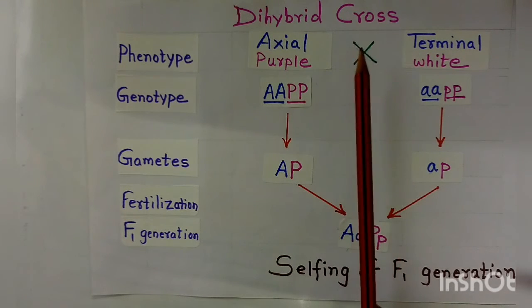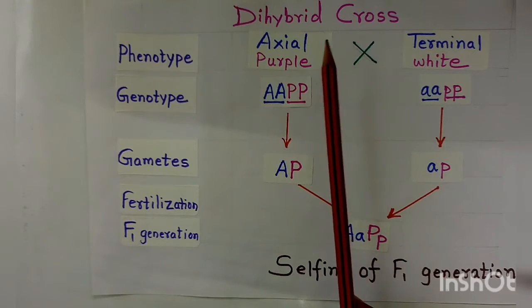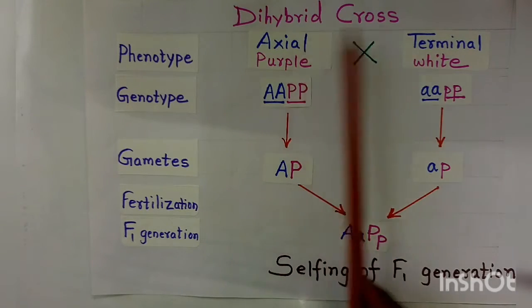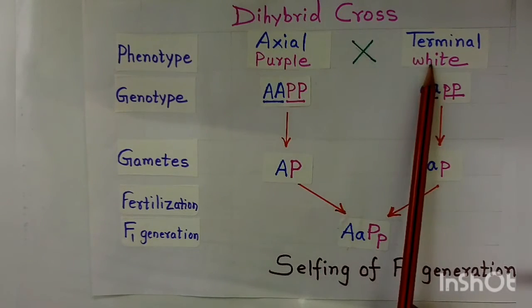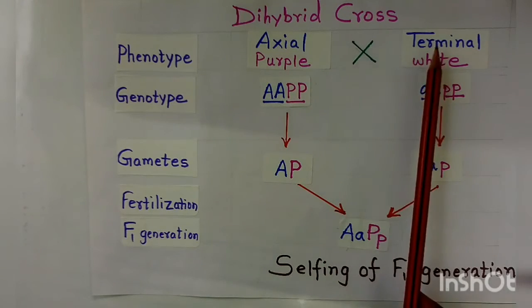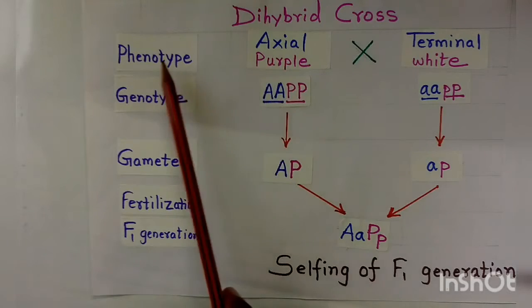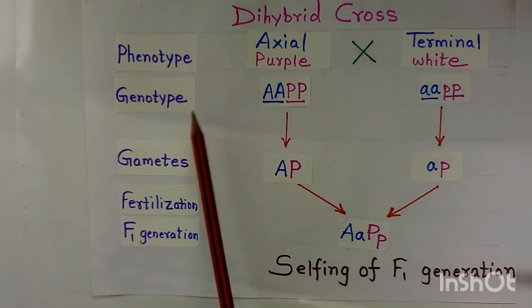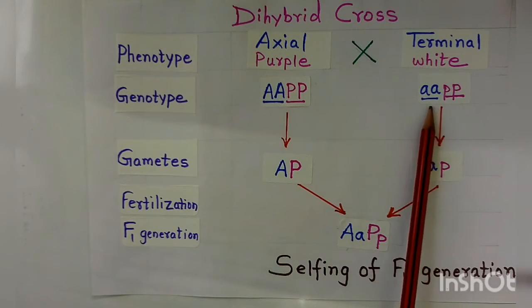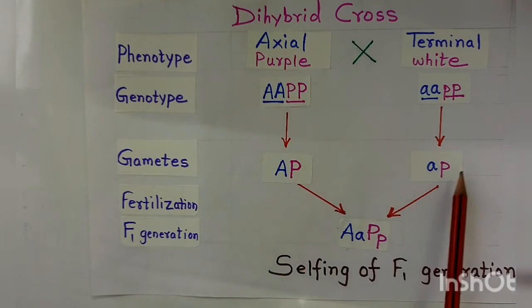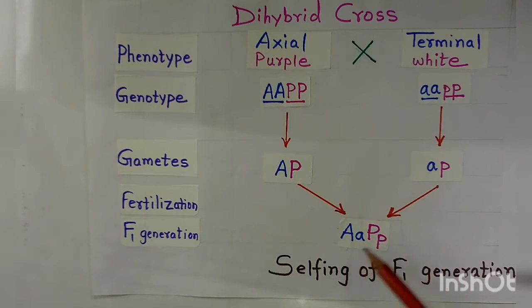So what are the two characters that are chosen? Position of the flower and color of the flower. So these are the parents differing in two contrasting characters. These are the phenotypes. These are the genotypes. These are the gametes, and this is the F1 generation.